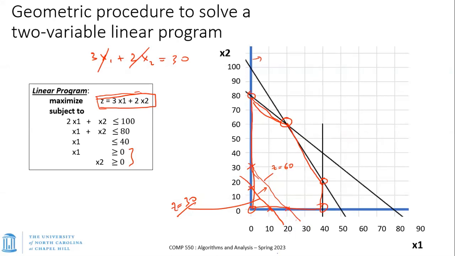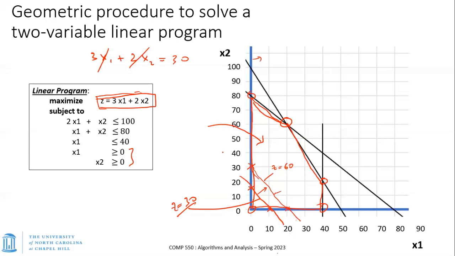My first question is, will the solution lie in the center of this feasible region, or will it lie on one of the vertices? Yes. So it should hopefully lie at one of the vertices. It's possible that this particular line is parallel to one of these constraints, in which case it would lie on the whole line.